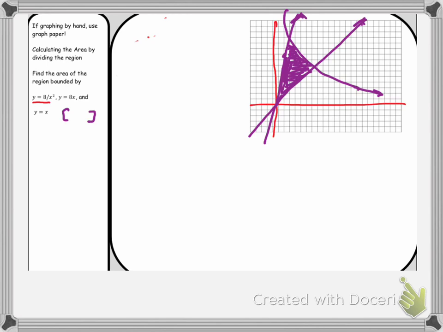What's weird about this, though, is I'm going to take a black marker and show you. If I'm trying to do what's top minus bottom, I have an issue because it switches. Right here, if I'm going this way on x, as x goes to here, this function is definitely on top, and this function is on the bottom, right?